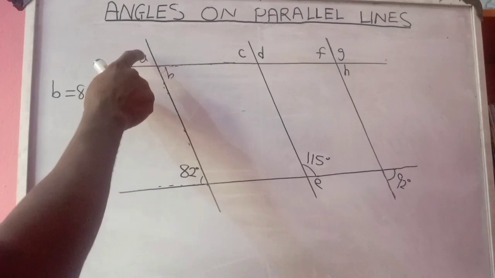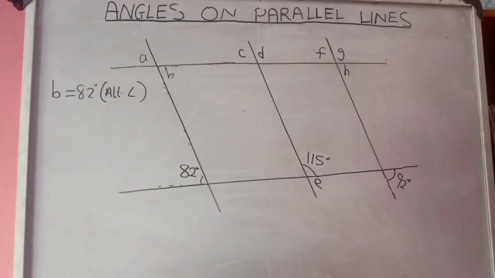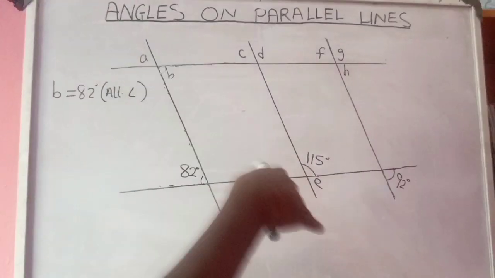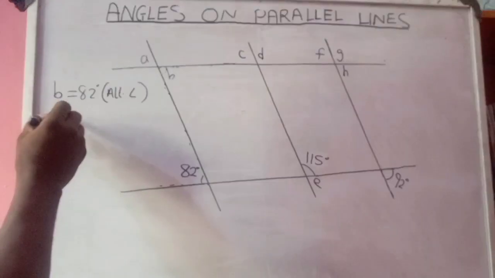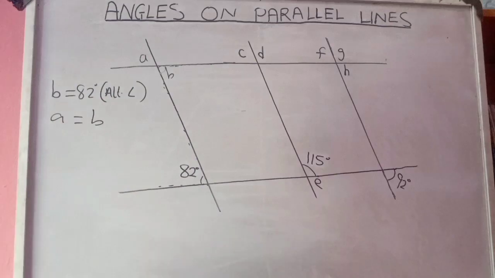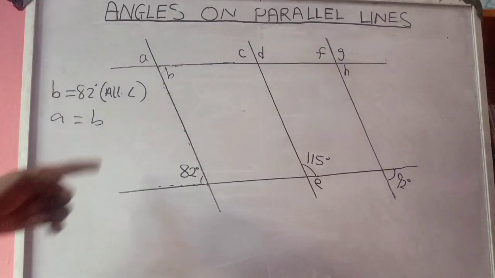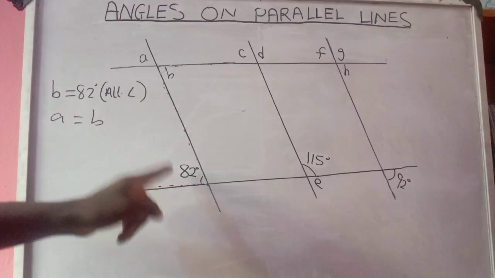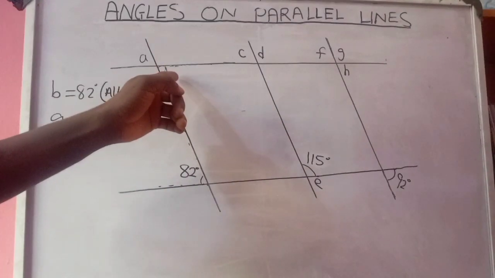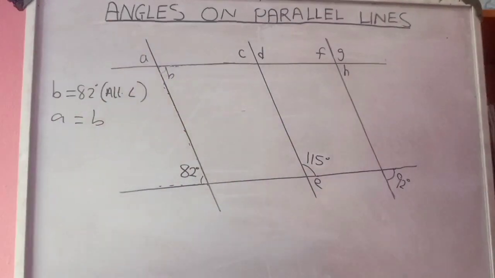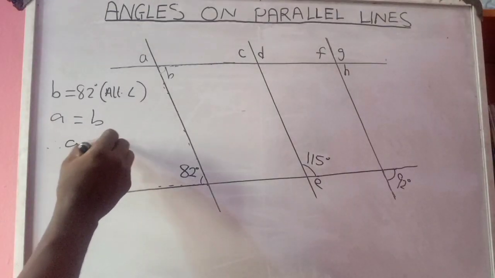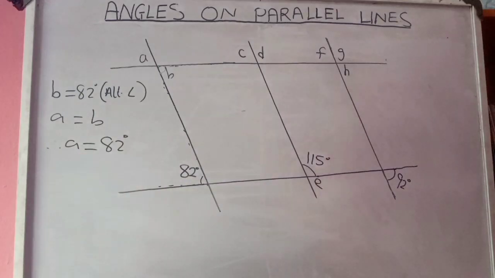So what can you say about A and B? A and B are said to be what? Vertically opposite angles, and vertically opposite angles are equal. We already know that B is 82. So therefore, A is equally 82 degrees.